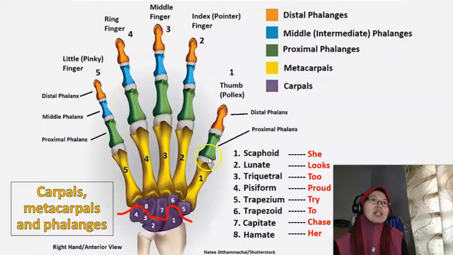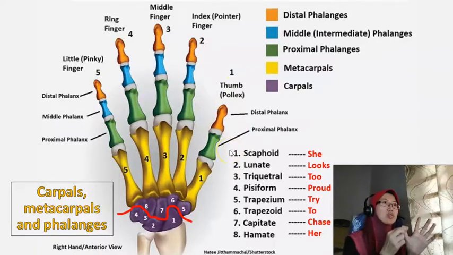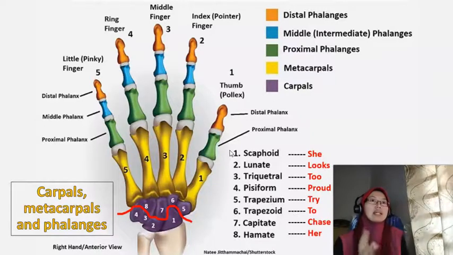For the thumb, we only have two phalanges, the proximal and distal. Unlike the other 4 digits, where we have the proximal, middle, and distal. That's the difference.